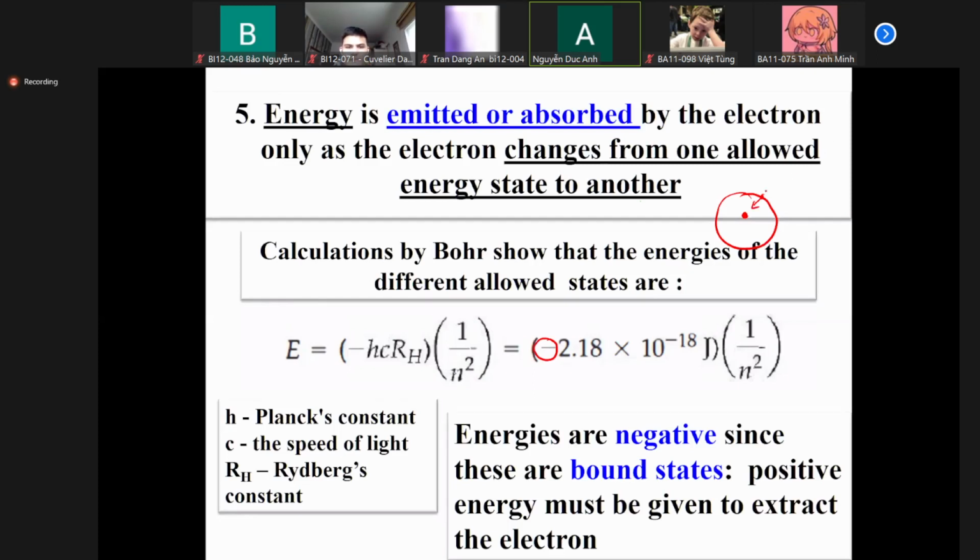If you want the electron to move out to some other position, you need the vectors of that electron to move this way. So in that case you have to put energy into that electron to move it out. It means that you have to put some work into the system. In the case where you put work into the system, we normally consider it positive energy. So let's remember the energies of allowed states will be minus, or negative.